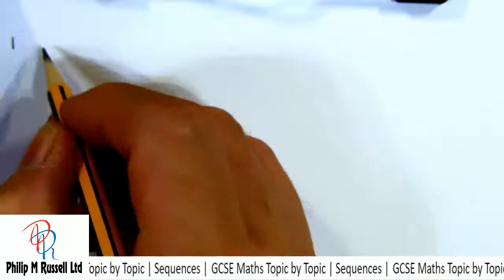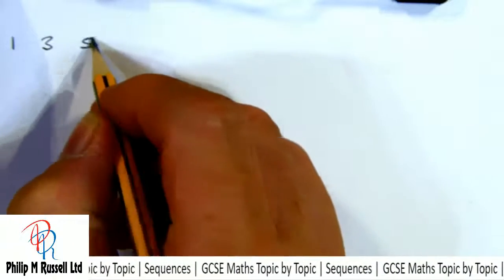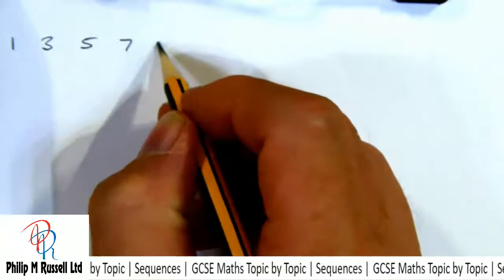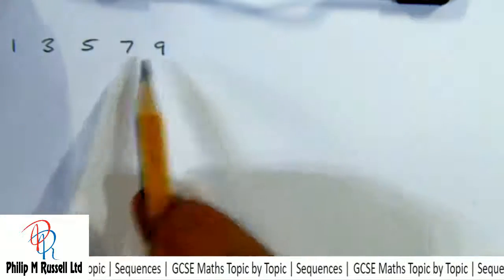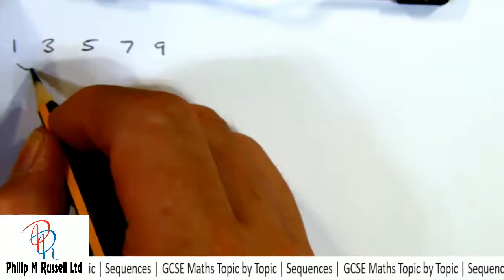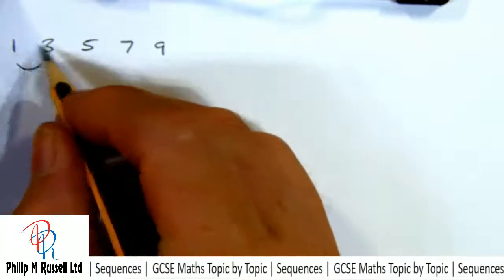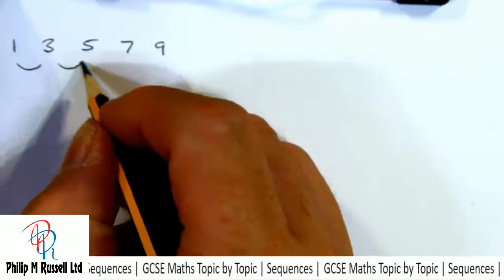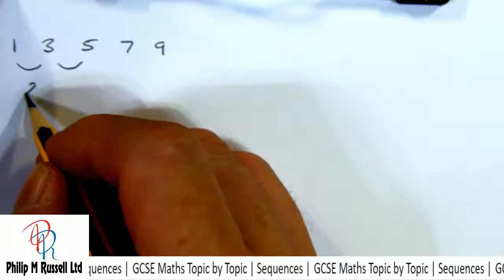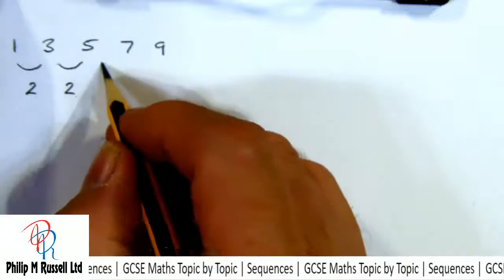Let's have a look at 1, 3, 5, 7, 9. We can see that this is really quite an easy sequence. We look at what is the difference, what we're going up in. So we're going up here in 2s.